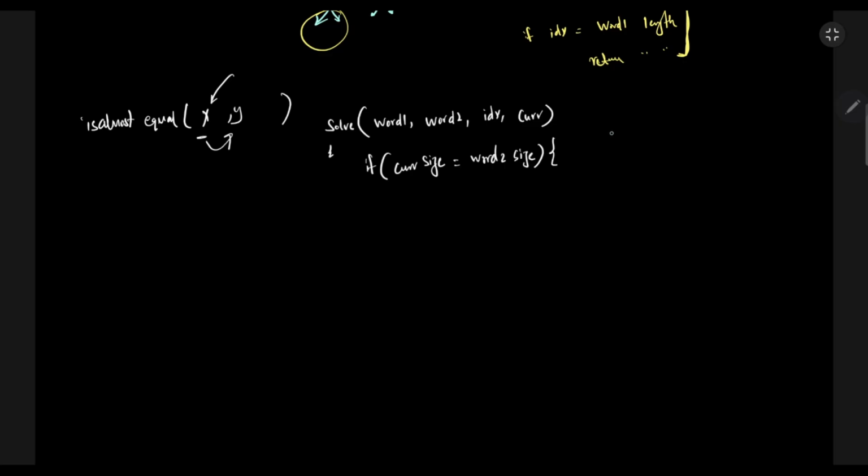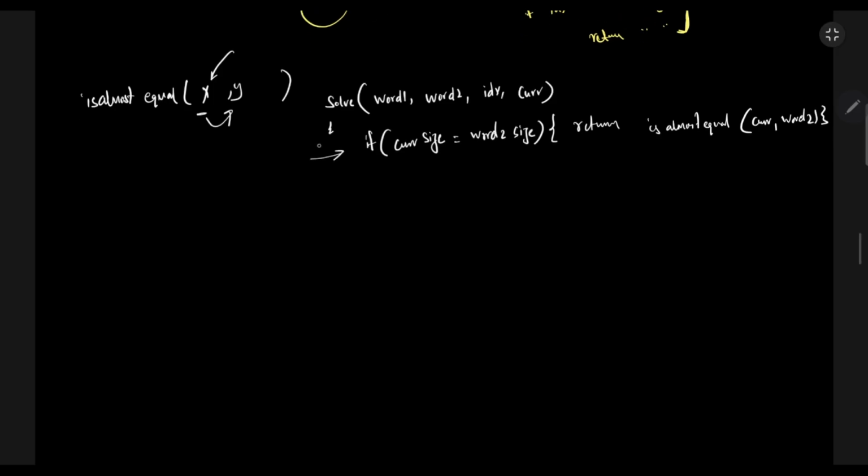And over here we will return isAlmostEqual of current, comma, word2. And this is one base case.